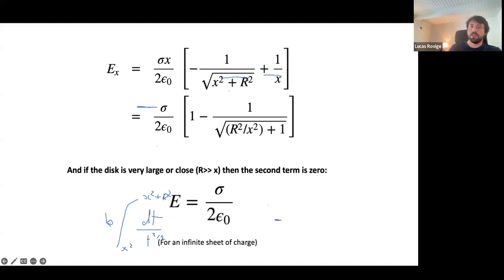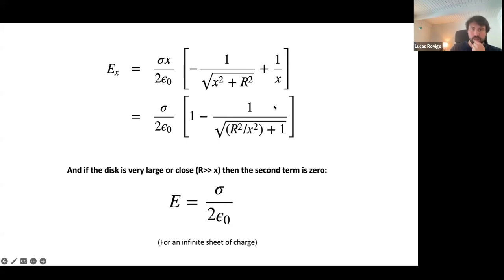And so if we do that, the primitive of the previous integral is just minus 2 t to the power minus 1/2, and evaluating this at the two limits of the integral, we evaluate this for x squared and x squared plus r squared. So this gives us this term.